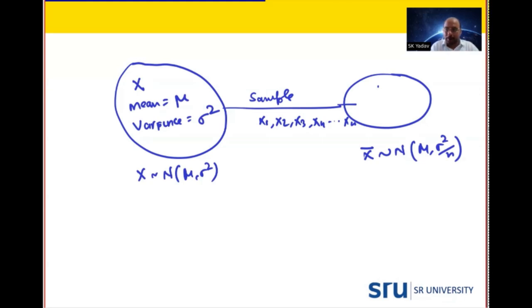So here are the properties of this sample mean. The mean of x bar is equal to mu, and the variance of x bar is equal to sigma square by n. There is one concept here that we call standard deviation, or it is called standard error.